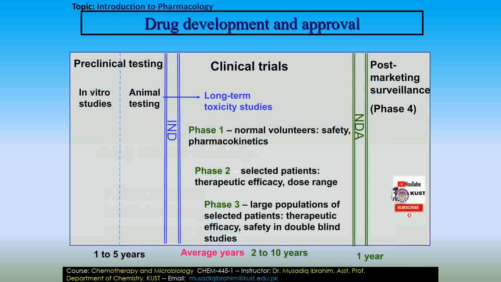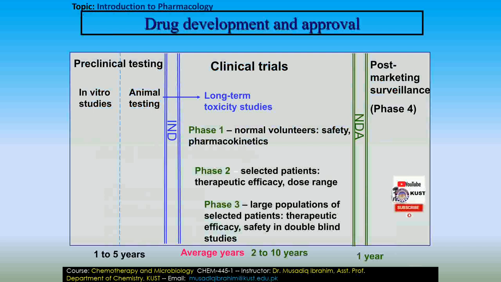So you can see that drug development is not an easy thing, and it can take a long time. One has to be very cautious, very careful, when you are developing a drug and taking it to market.